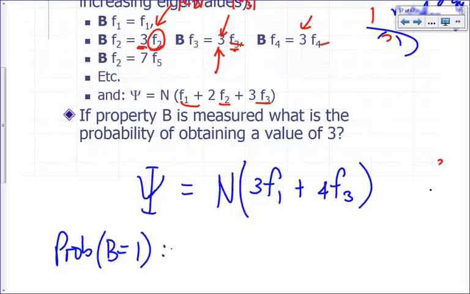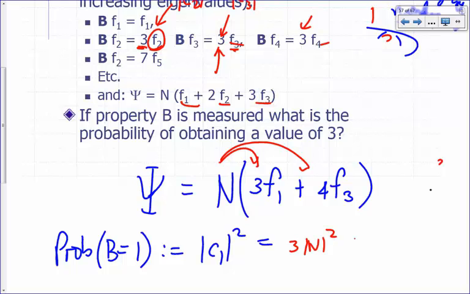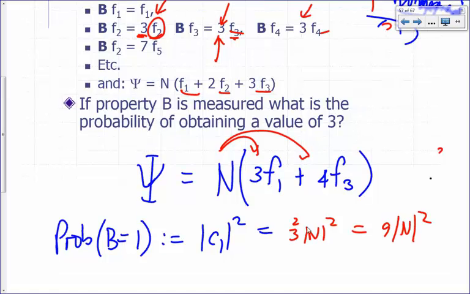That's just going to be equal to C1 squared. So what is C1? Not 3, 3n, right? So it's going to be 3 times the absolute value of n squared, so that's 9 times the absolute value of n squared.